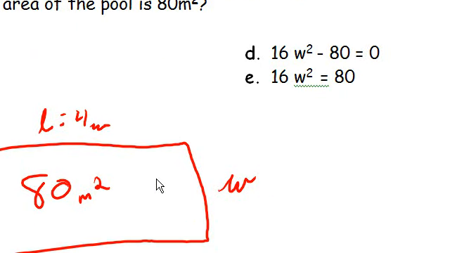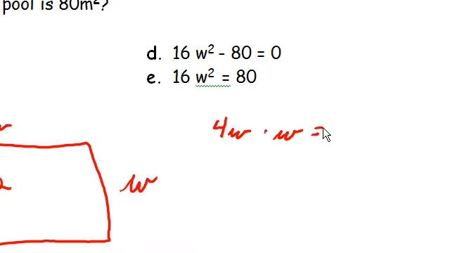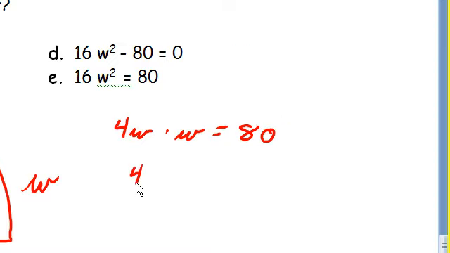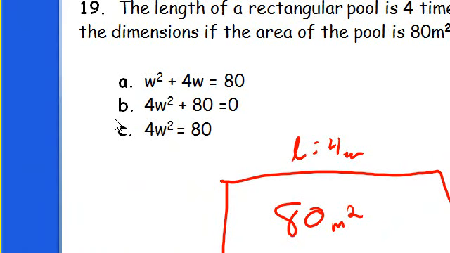So it's going to be 4W times W equals 80. So 4W squared equals 80, which is C.